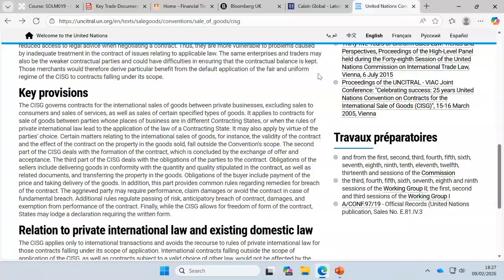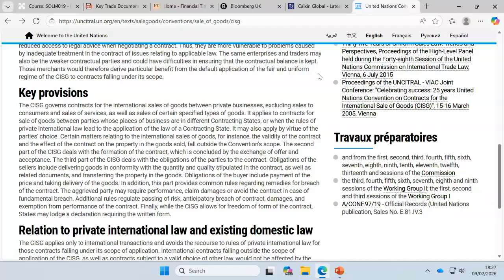It applies to contracts for sale of goods between parties whose places of business are in different contracting states. In other words, if you think about this from the standpoint of its application, if you have two parties, one from Brazil, one from China, these are two contracting states to the CISG.